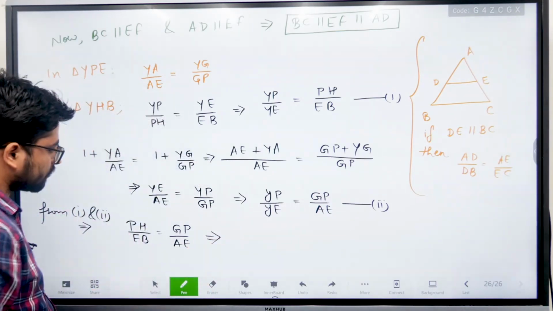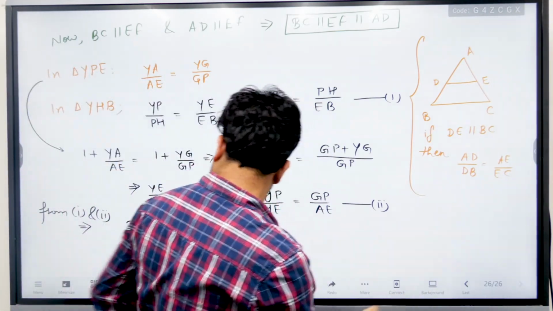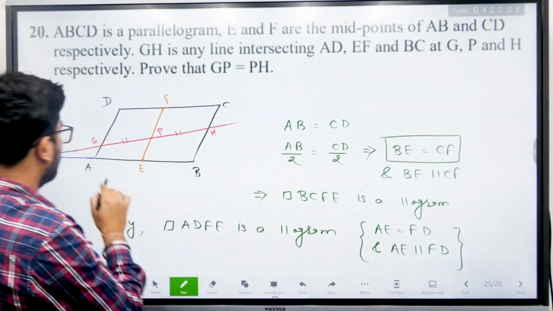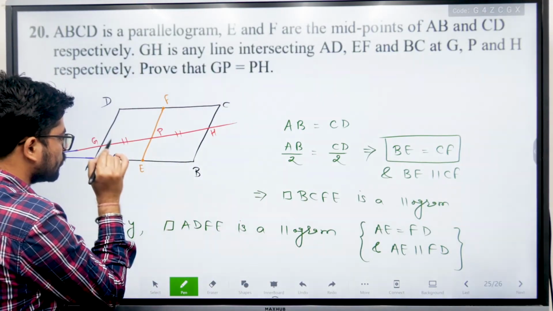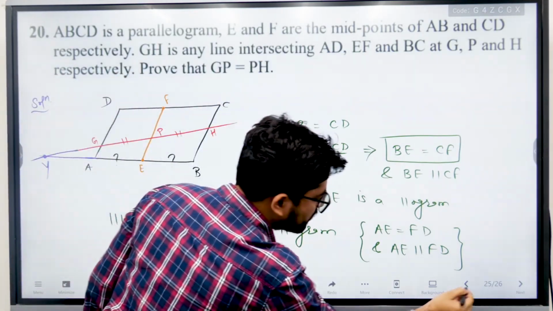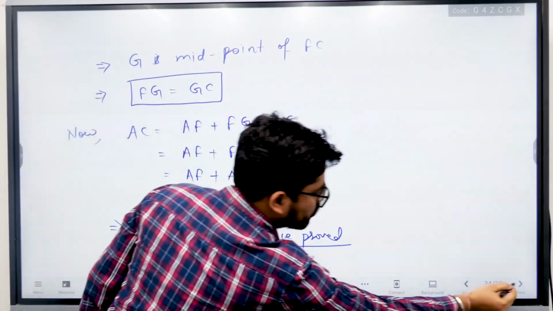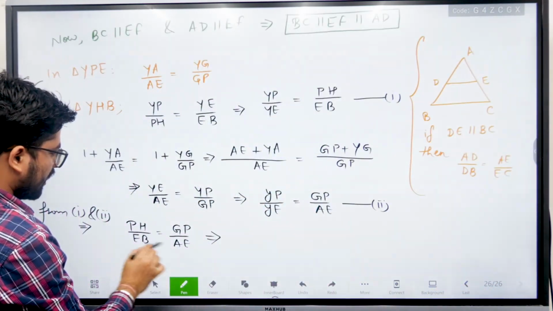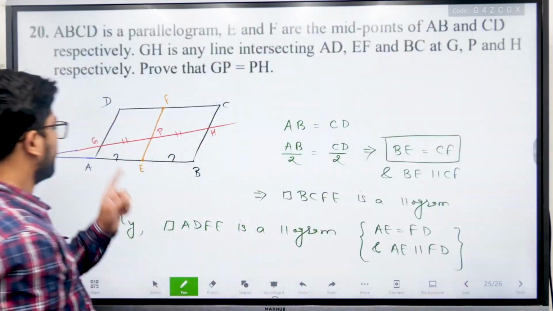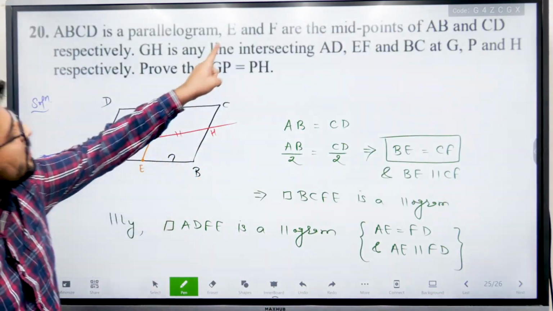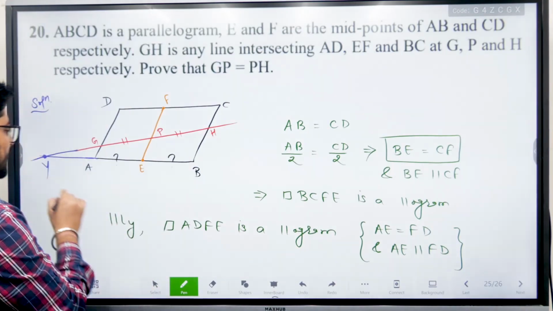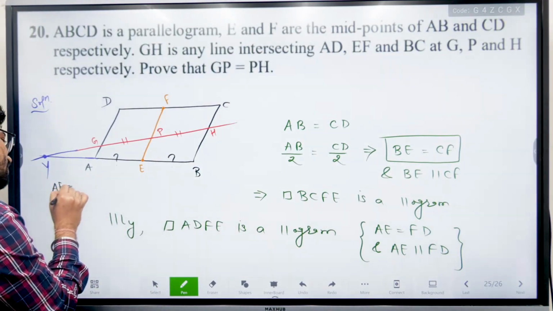Now what about AE and EB? E is the midpoint of AB, so we can say AE is equal to EB.